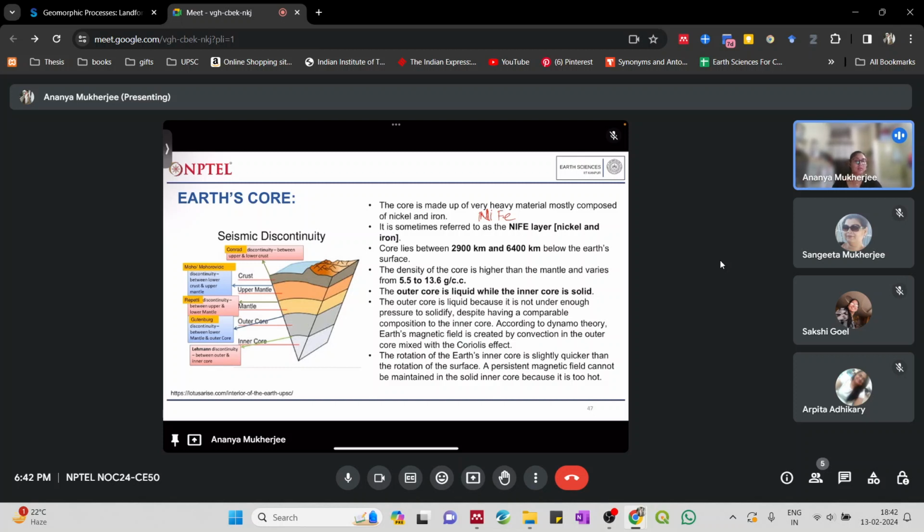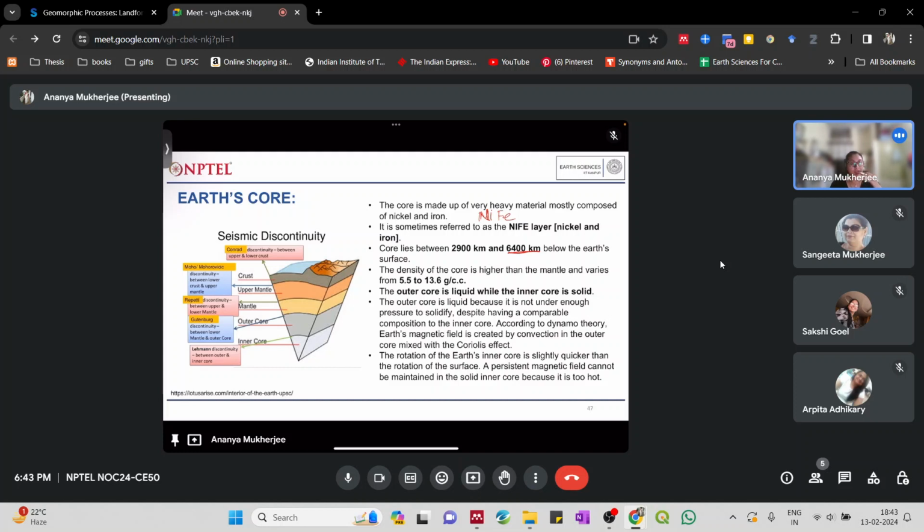Since no S waves pass through, the travel time will differ, and S waves will get easily reflected back from the core and mantle boundary. Based on that, it has been compiled that the core lies between 2900 to 6400 kilometers. 6400 kilometers is actually the Earth's radius.